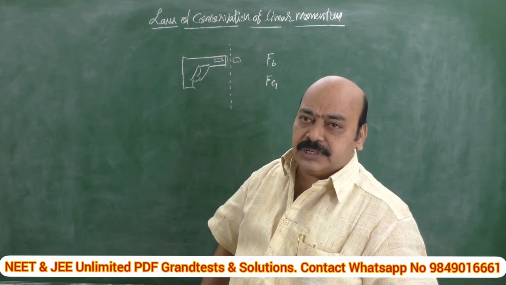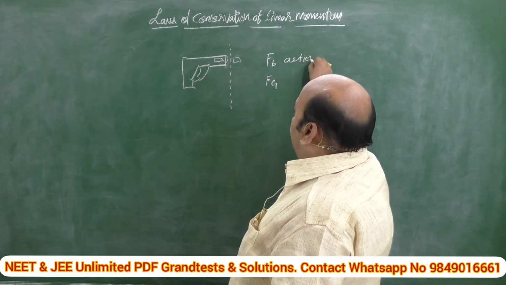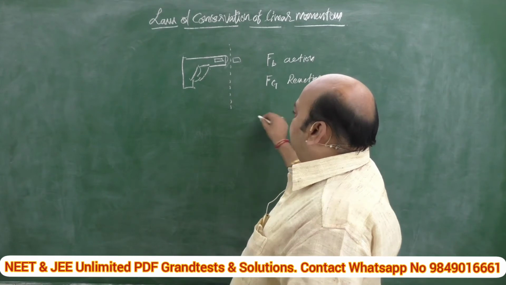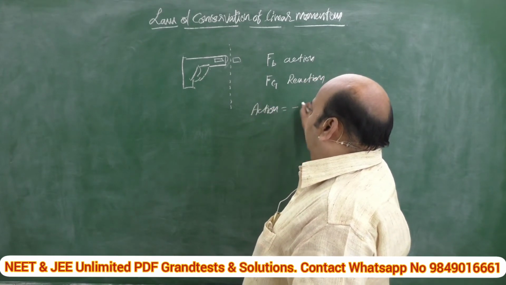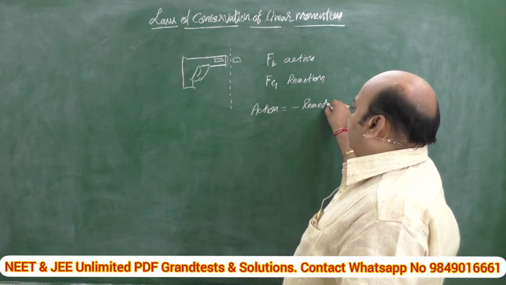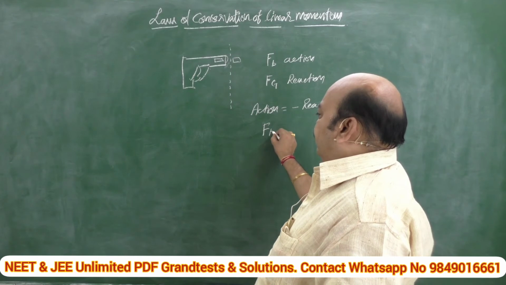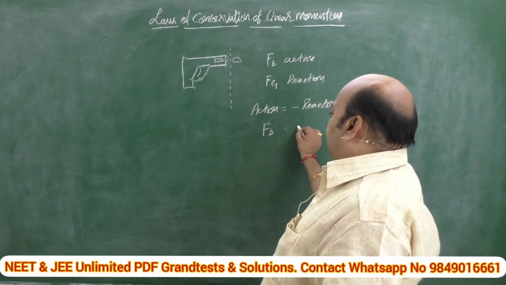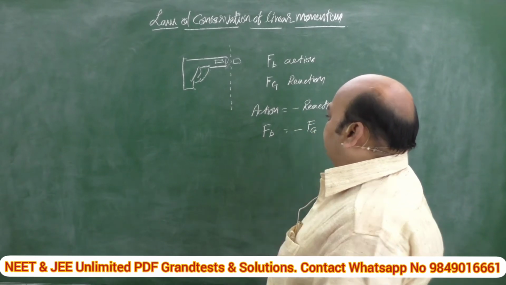According to Newton's third law, if this is action and this is considered as a reaction, what is the relation between these two? Action must be equal but opposite to the reaction. That means Fb, force on the bullet, by the gun, is equal to minus Fg, force on the gun by the bullet.